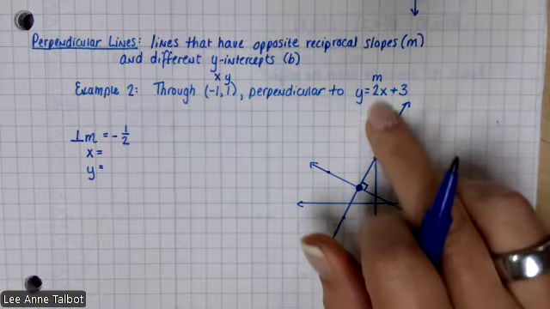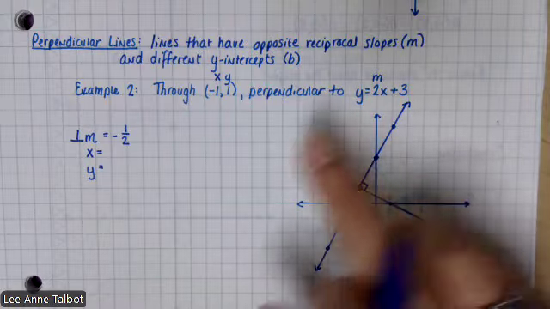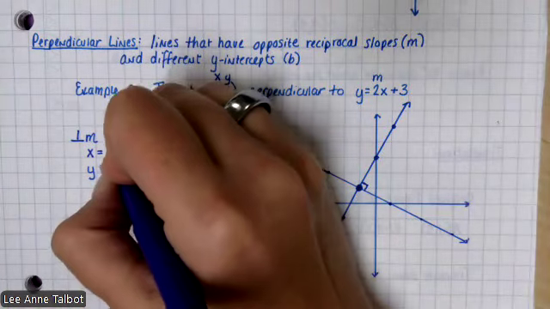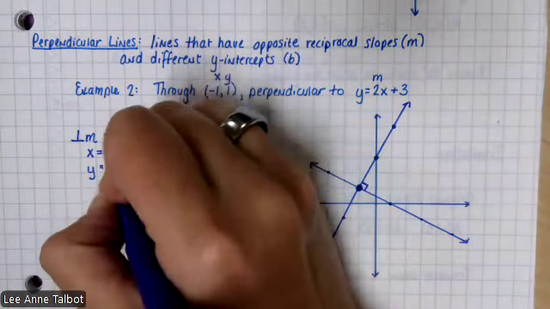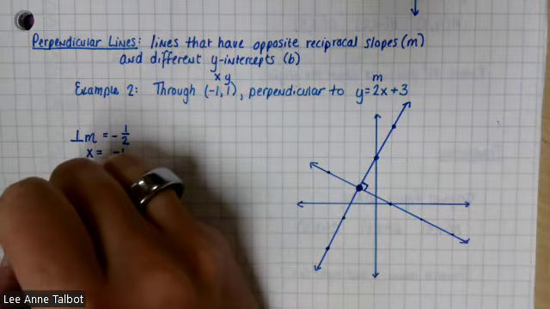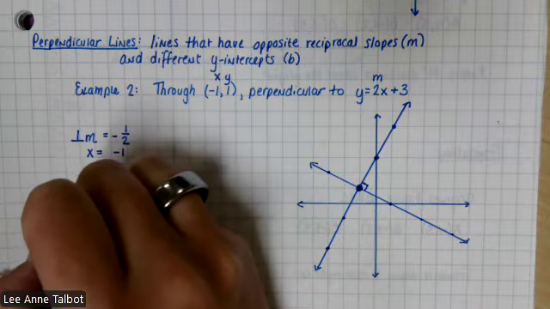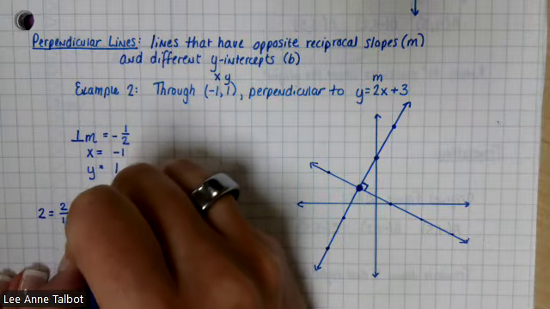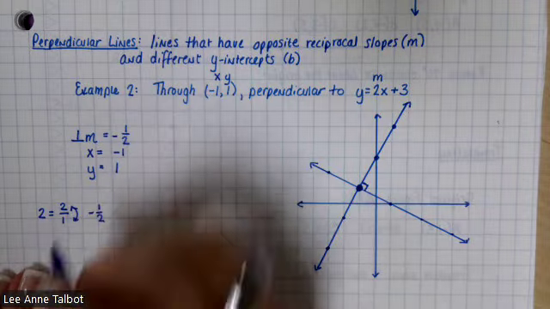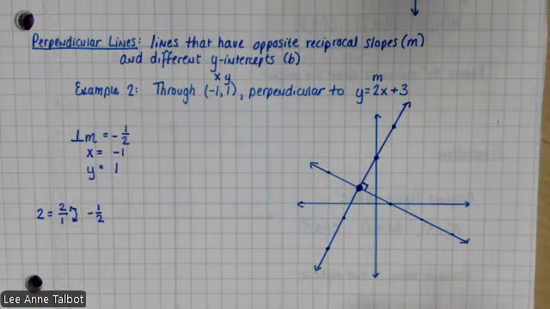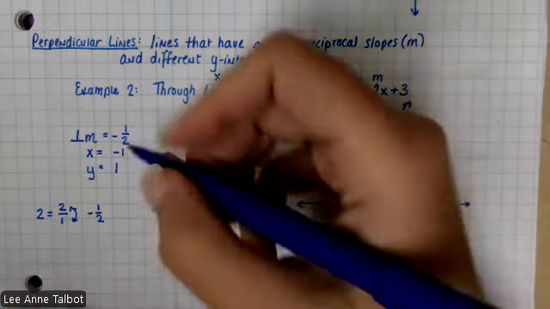And when it's a whole number, remember, put a 1 underneath and then flip. And then x is -1, y is 1. And if you need it, put something like this off to the side just so you can see what happened to get the -1/2.